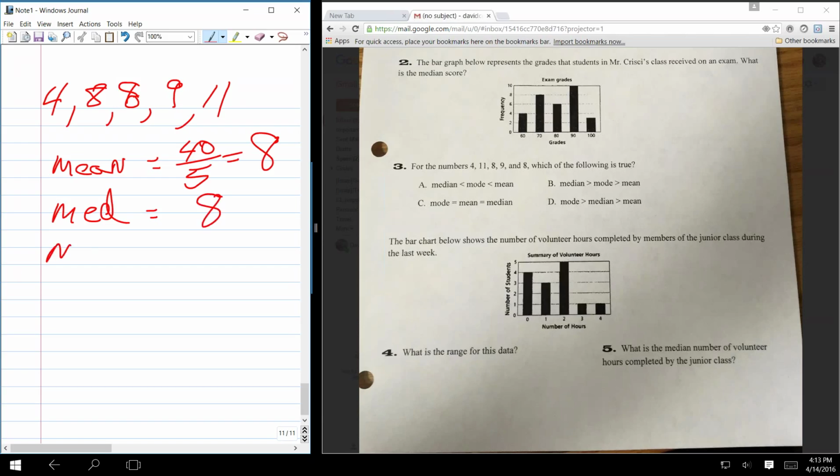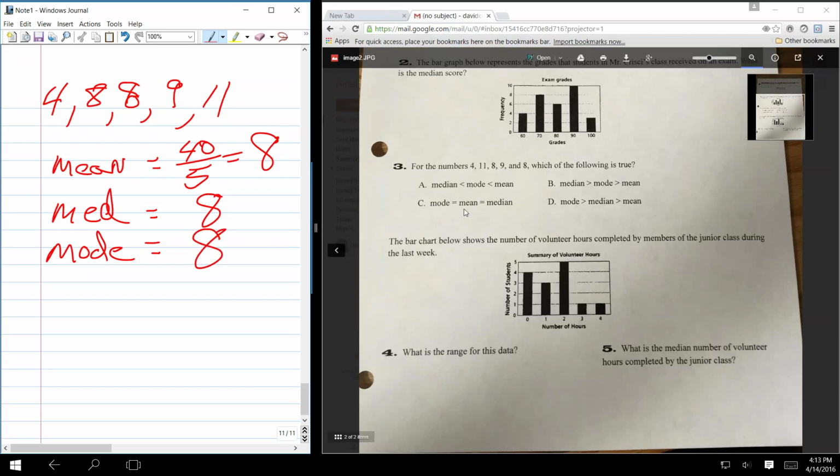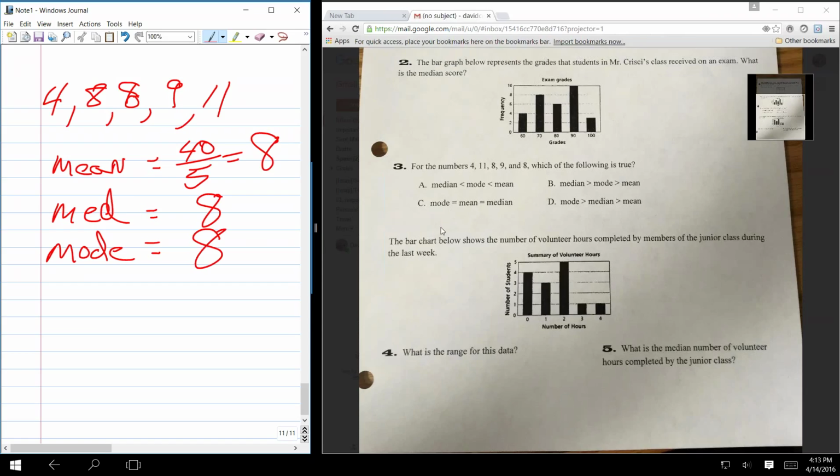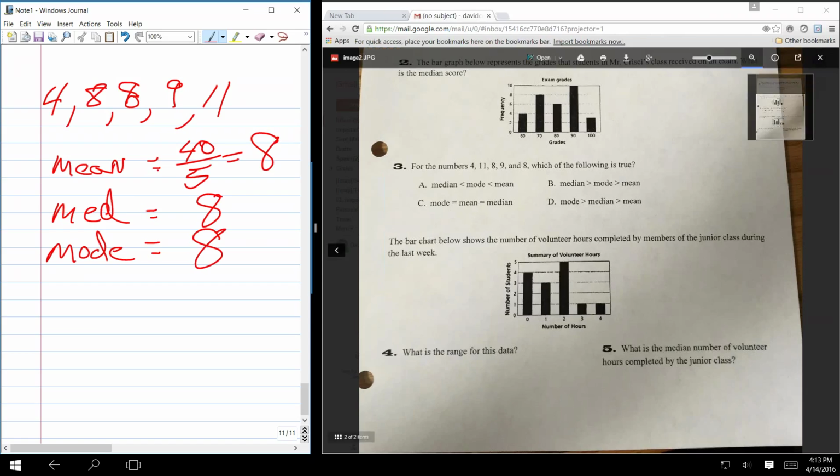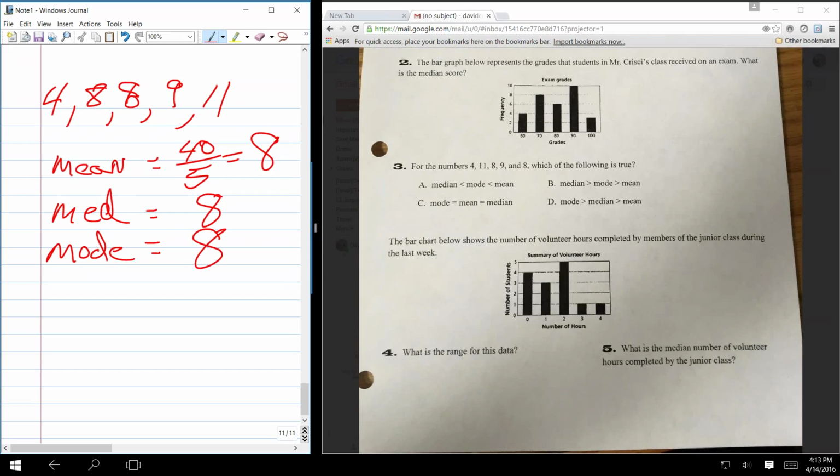And what's the mode? The mode would be 8 also. So it's got to be C. In other words, since they're all the same for this problem here.